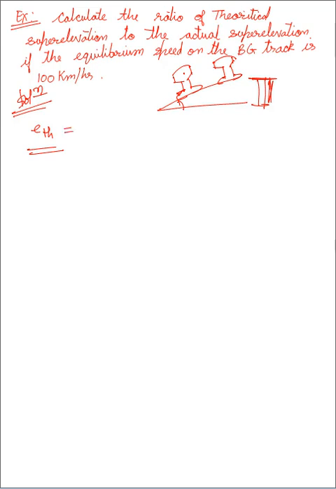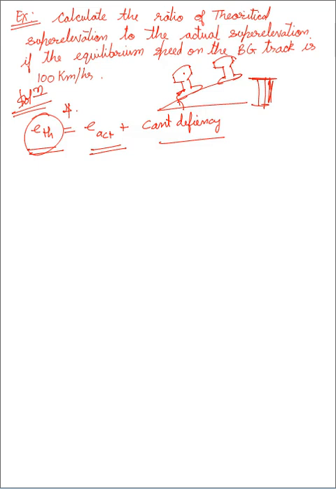So mathematically, it will be actual super elevation plus cant deficiency, right? So some deficiency will be there. Theoretically this value will be slightly higher. So E actual plus cant deficiency will give you the value of the theoretical super elevation.